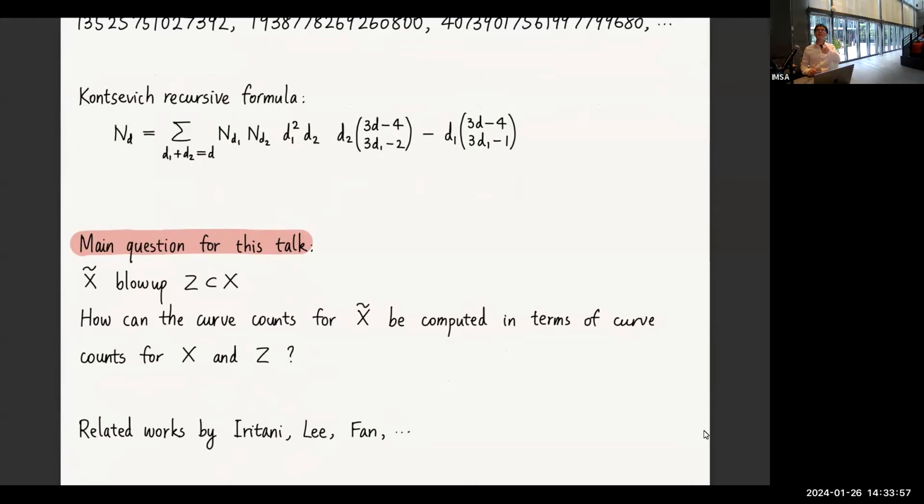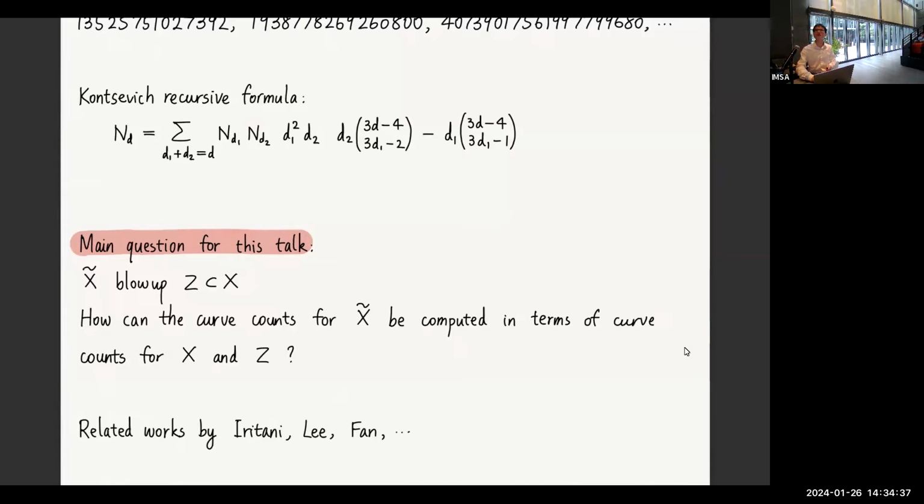We already saw in the talk by Hiroshi a very beautiful decomposition formula. And there have also been a lot of works under some assumptions or for special cases by Y.P. Lee, his student Honglu Fan, and their collaborators.